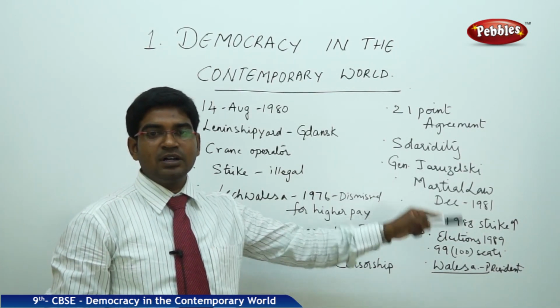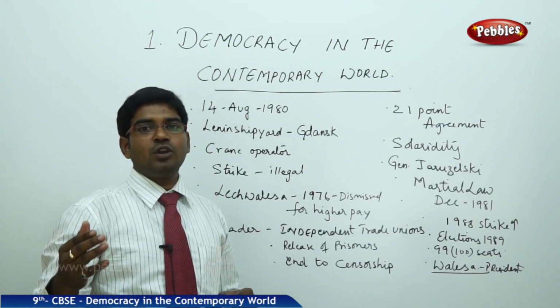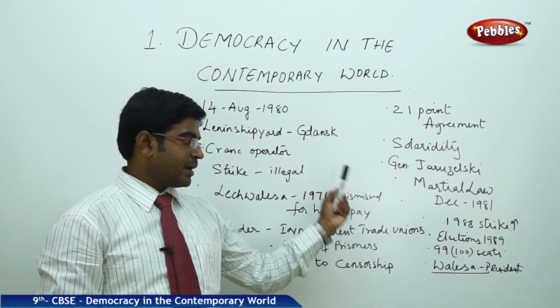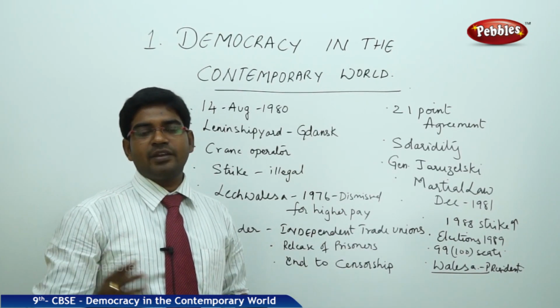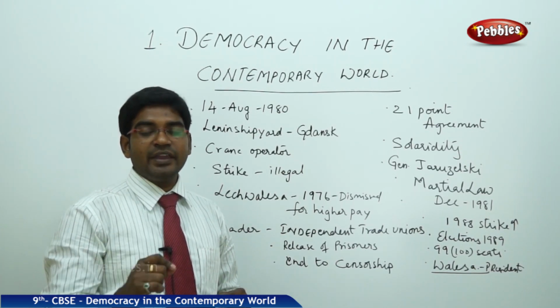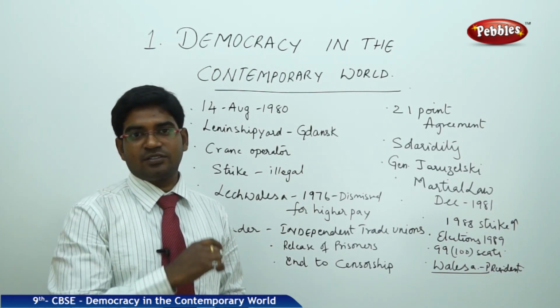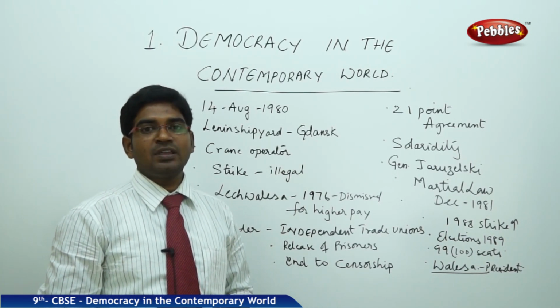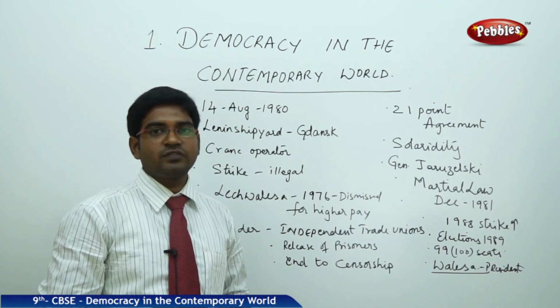When the elections came, the one and only emerging leader, Lech Walesa, received a massive mandate from the people by securing 99 out of 100 seats, and Lech Walesa turned out to be the next president of Poland.